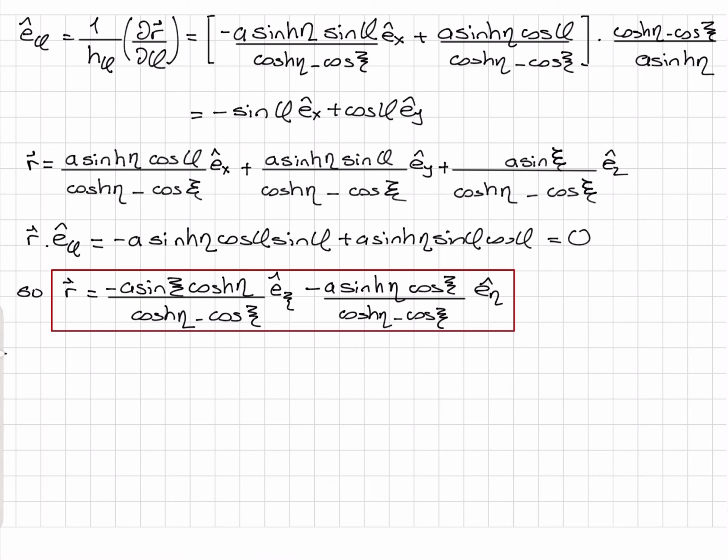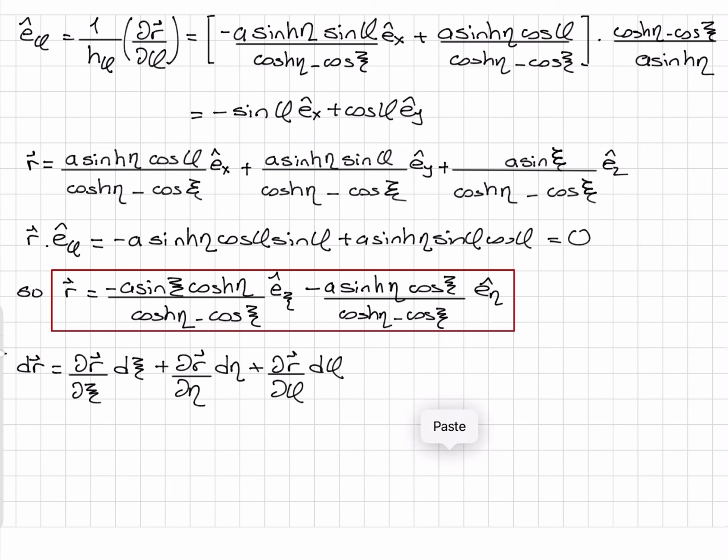Now, what is the differential displacement vector, dr? It is del r del psi d psi plus del r del eta d eta plus del r del phi d phi.